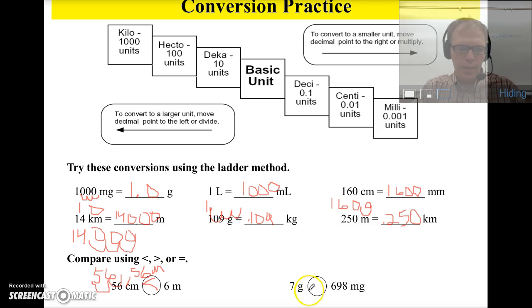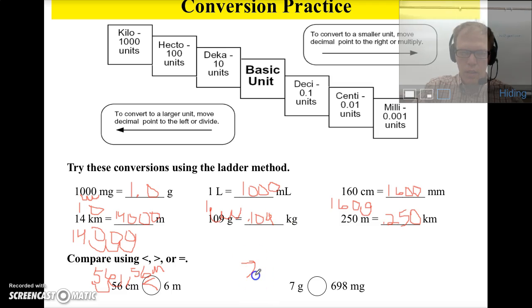This next one right here, 7 grams compared to 698 milligrams. I'm going to take 7. That is a bad 7. I'm going to rewrite that 7 right there. And I'm going to go from grams to milligrams. So I'll start grams, basic unit. Milligrams over here. I'm going to hop over 1, 2, 3 to the right.